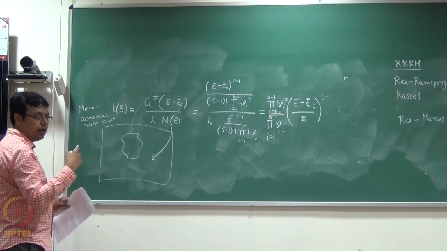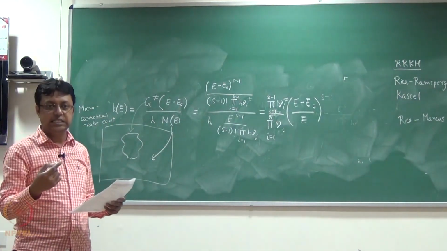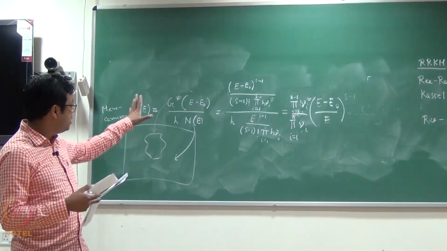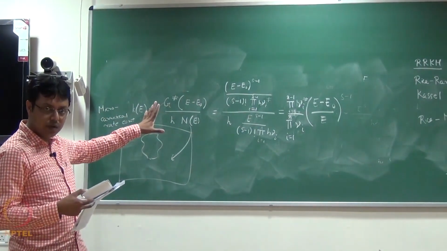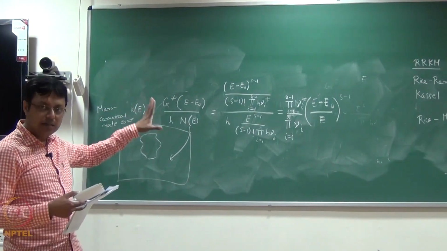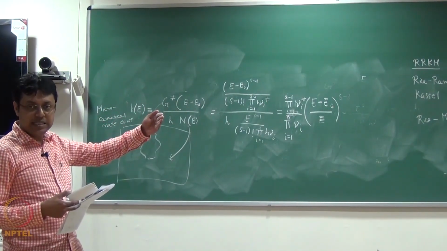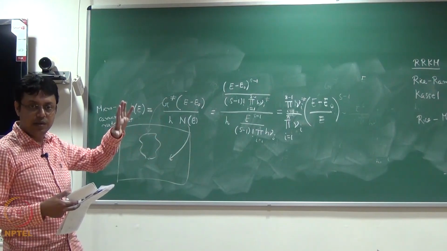But from there we have to actually calculate K of T. Now how do you calculate K of T? You just have to calculate this K of E. If I have a fixed energy E given to the system, what will be the rate?